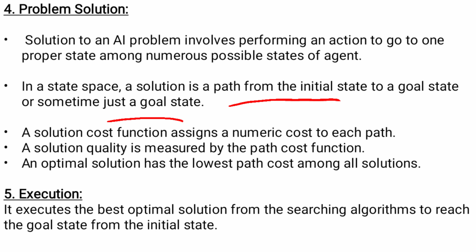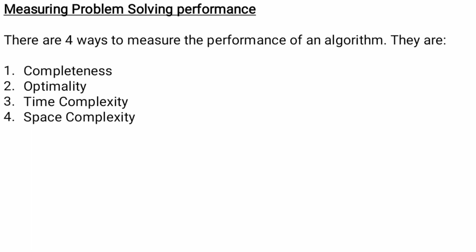Then execution. It executes the best optimal solution from the searching algorithms to reach the goal state from the initial state, means it selects the best and optimal solution to a problem, and it takes action to execute it. That is execution. Then measuring problem solving performance, means there are four different ways to measure the performance of a problem.